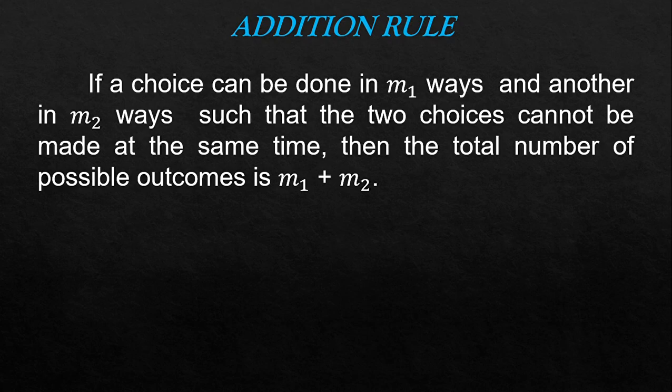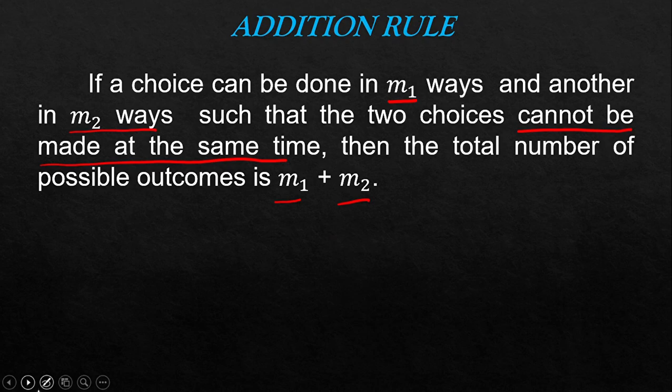If a choice can be done in m sub 1 ways and another in m sub 2 ways, such that the two choices cannot be made at the same time, then the total number of possible outcomes is just to add the first event and the second event. This is the condition: it cannot be made at the same time.